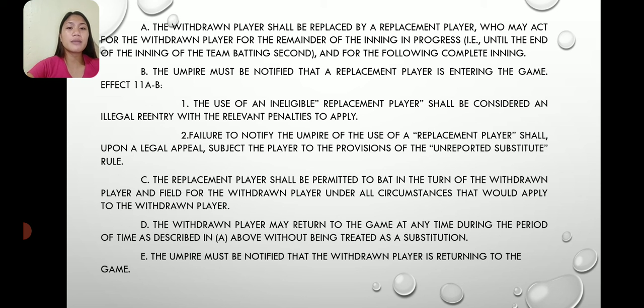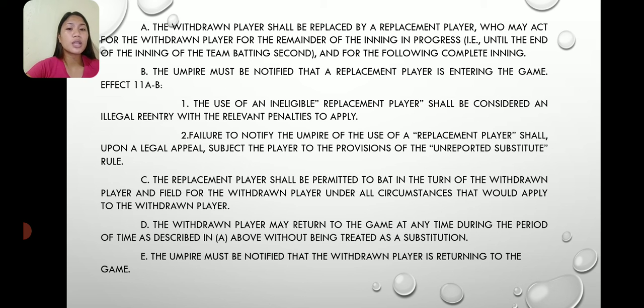The use of an ineligible replacement player shall be considered an illegal entry, with the relevant penalties to apply. Failure to notify the umpire of the use of a replacement player shall, upon a legal appeal, subject that player to the previous provision of the unreported substitute rule.